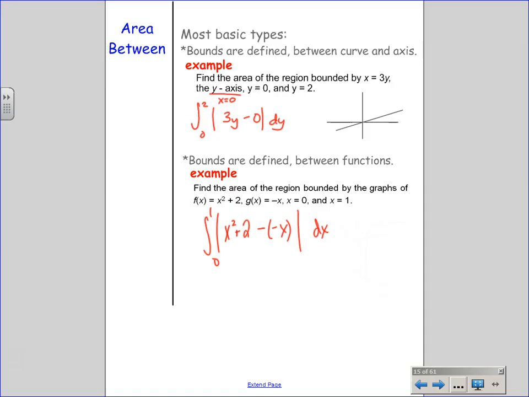So how am I going to do that? Well, it's okay. Just see if there are any intersections. Off to the side, we're just going to check intersections. If we're trying to figure out top and bottom, check it even if we have an absolute value. So either way, let's just make sure.